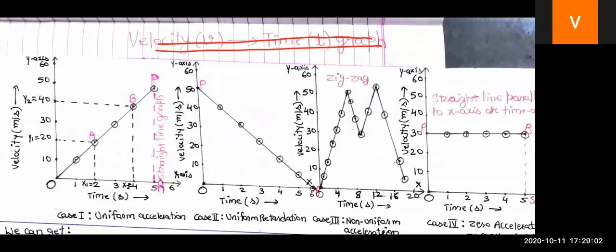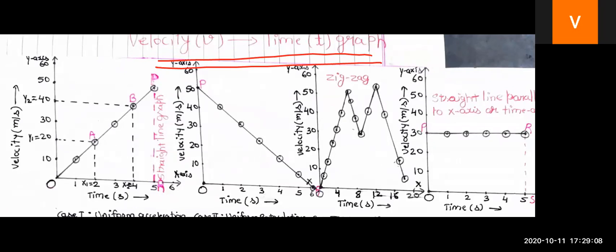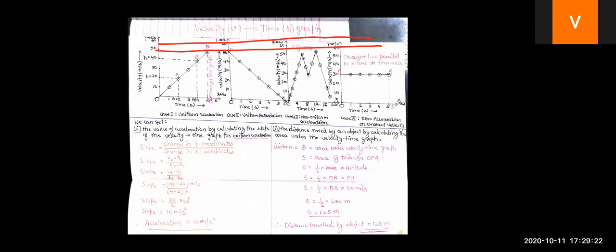The first value it's going to give you is the same, that is by finding the slope. Now we know how to find the slope, right? So by finding the slope of the velocity time graph, we will get the value of acceleration. Let's see how.